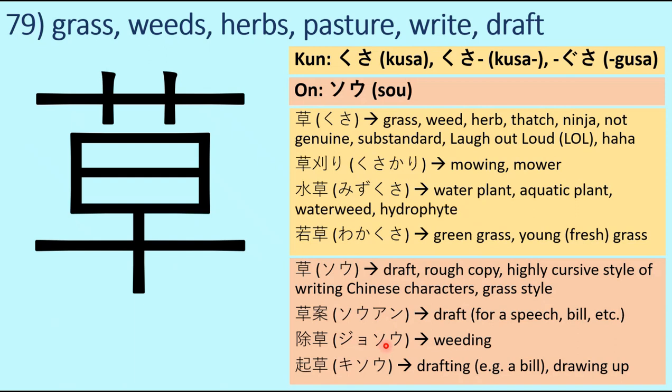Joso is weeding. And finally, we have kiso. Kiso means drafting, for example, a bill or drawing up something. So to prepare a plan. It has come from the grass radical. This is the grass radical, and the stroke order will be like this. First, we will draw the grass radical like this.